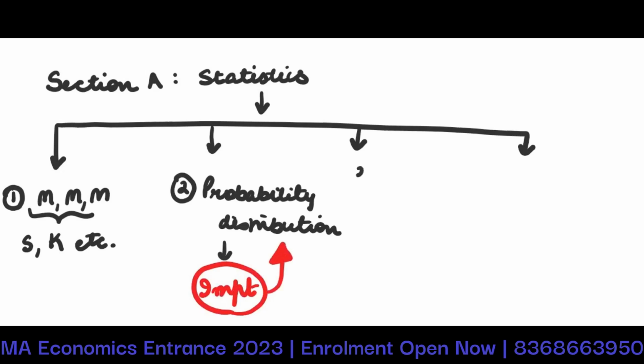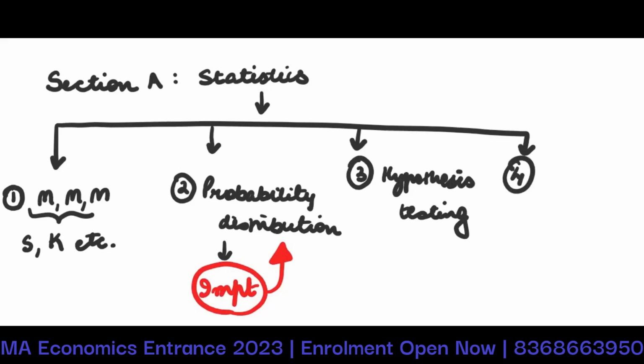The third topic that is there is hypothesis testing, in which you should know t-test, f-test, z-test, etc. And the fourth topic that I like to divide it into is basically the basic econometrics. Right? These are the 4 main topics that you should be preparing for MA Economics entrance exam.